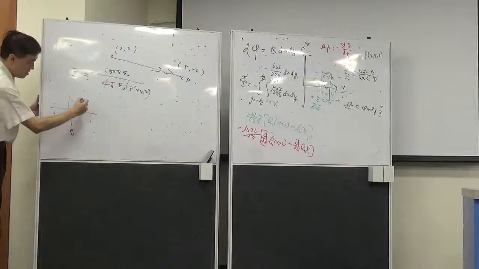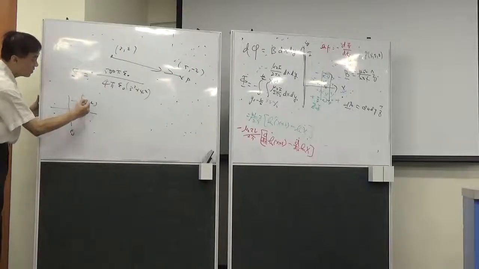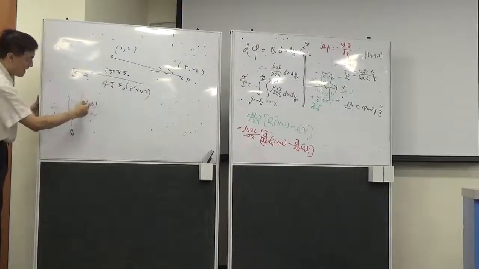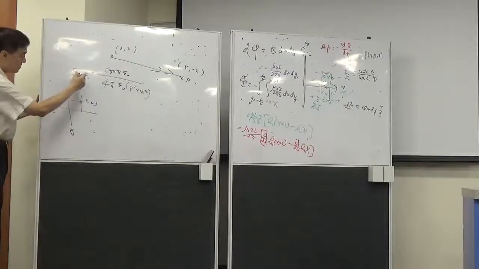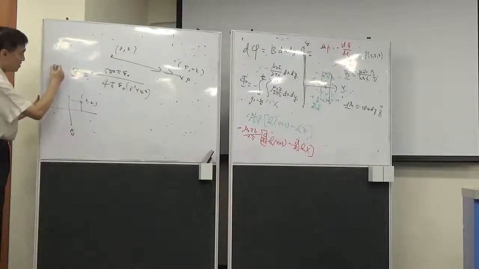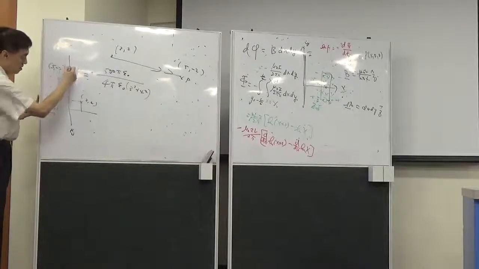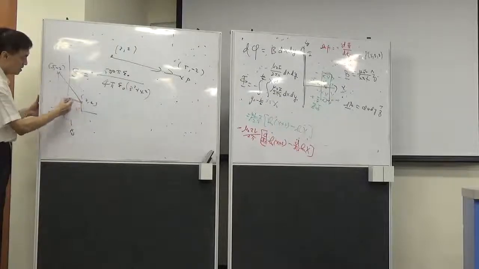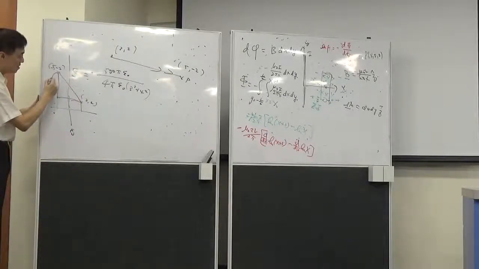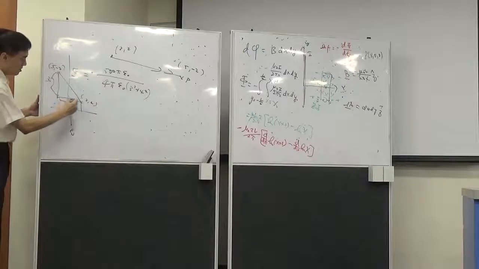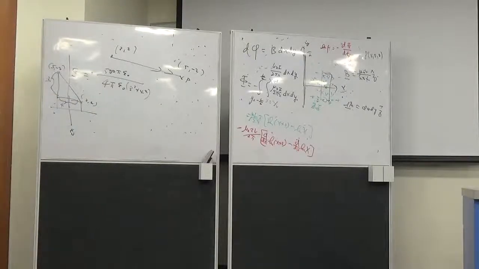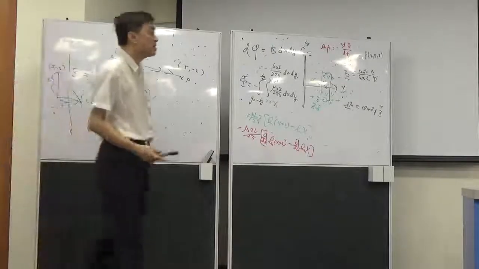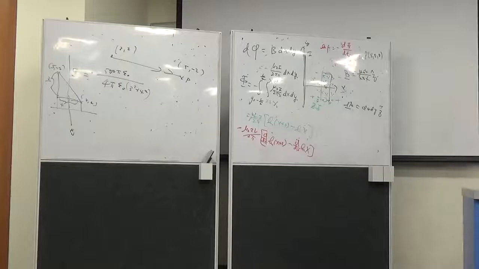From 2, 2 to 5, minus 2. This is 3, this is 4. Right? 2, 2 to 5, minus 2. Am I right? Yeah, 2, 2 to 5, minus 2.